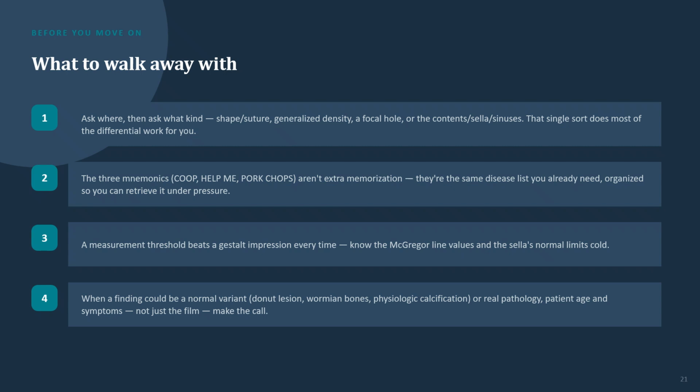And last but not least, although we're not making the diagnosis, some of the things that are considered are the patient's age. They consider the symptoms, and again, they consider these as well as the locations. They consider these because some of the findings, like wormian bones and also some of the calcifications that we might see, might be completely normal for one patient, but abnormal for another patient based on their age and also based on the symptoms.